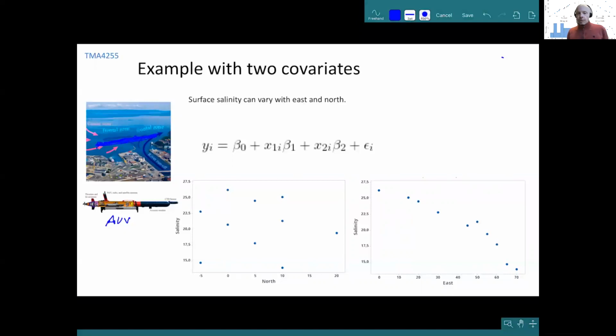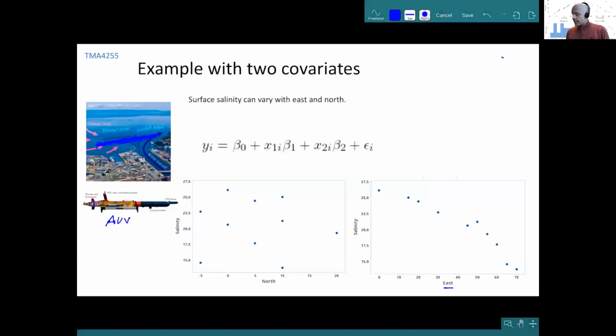You can cross-plot salinity with north and see if there's a connection. Not that many measurements here. I think it's, how many? 1, 2, 3, 4, 5, 10 measurements. But it doesn't seem to be much of a connection between north and salinity.